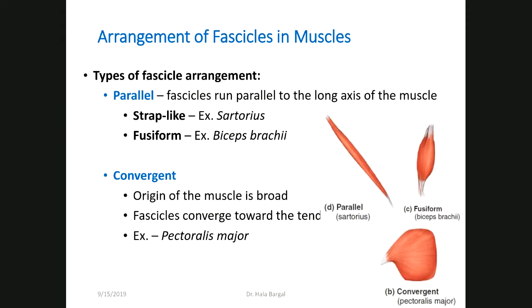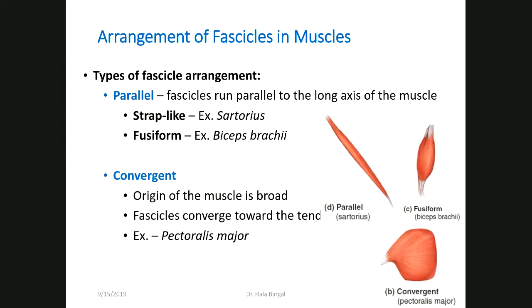What types of the fascicles? First example, parallel. This means that the fascicles run parallel to the long axis of the muscle. Strap-like, like sartorius. Fusiform. They are narrow at the start, narrow at the end, and half circle in the middle, like the biceps brachii.